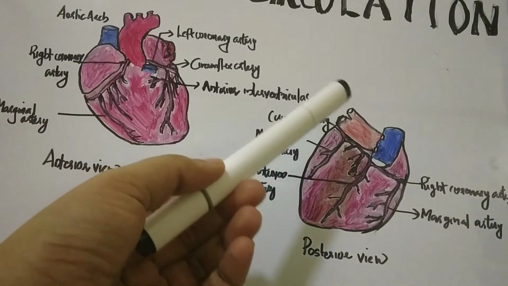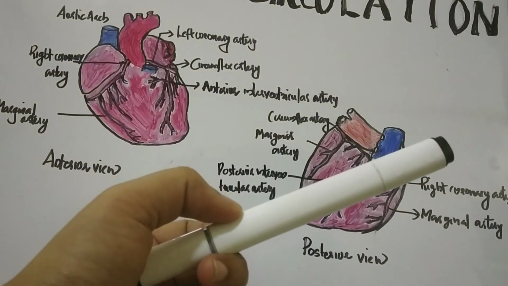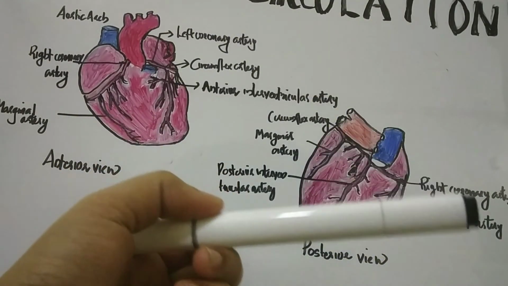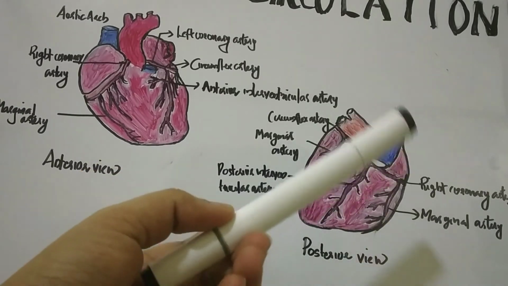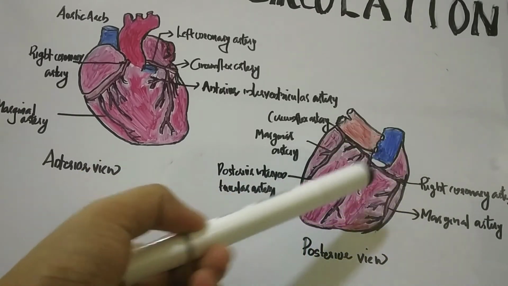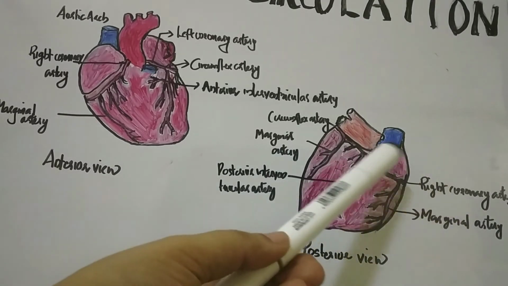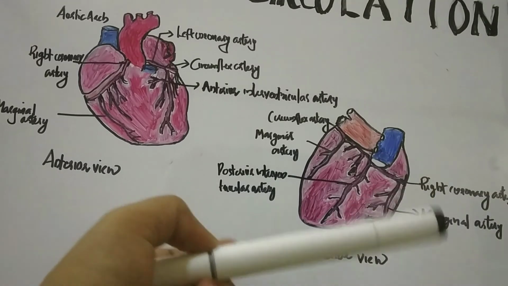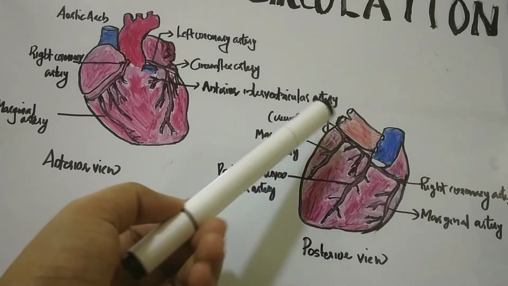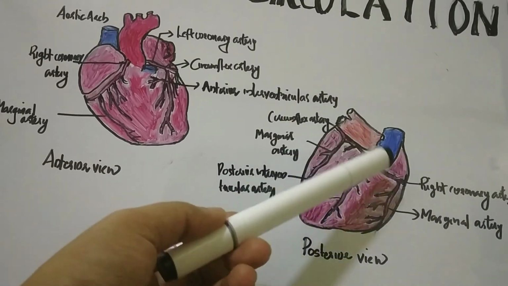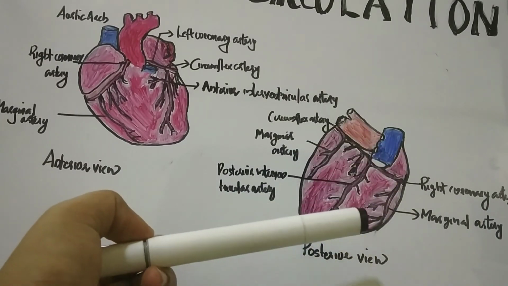Now we will discuss what is cardiac dominance. You have heard the terms left dominance and right dominance. Right dominance is more common, where the posterior interventricular groove is supplied by the right coronary artery. But in some cases, if the right coronary artery is small, the circumflex branch of the left coronary artery supplies the posterior interventricular groove.